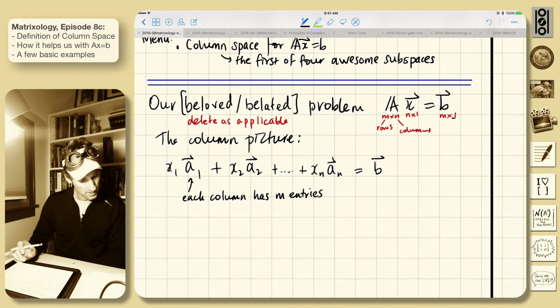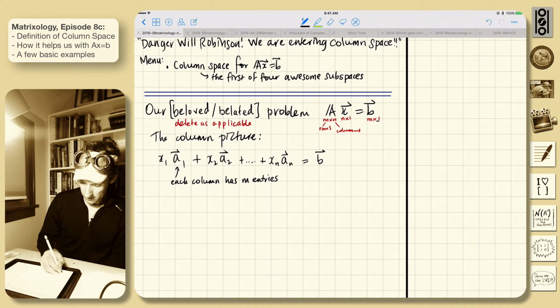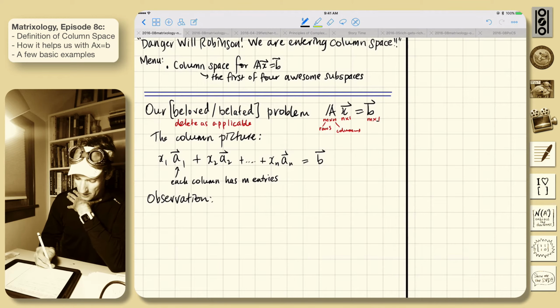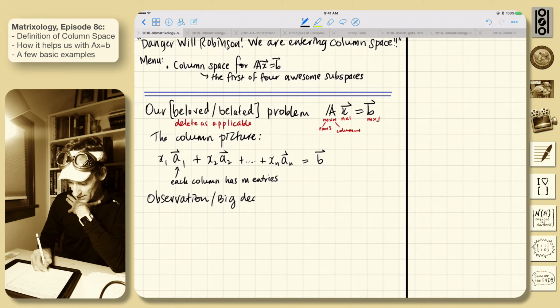All right. So the columns of A, so observation of big dealness. Big deal. Let's do that. Again, mathematical term.